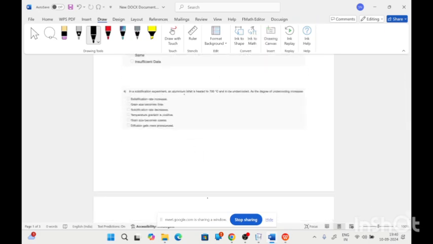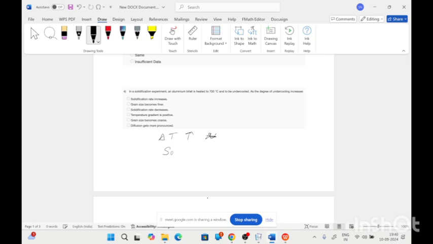the aluminum billet is heated to 700 degrees Celsius and was undercooled. As the degree of undercooling increases, delta T is high, so the solidification rate will be high.